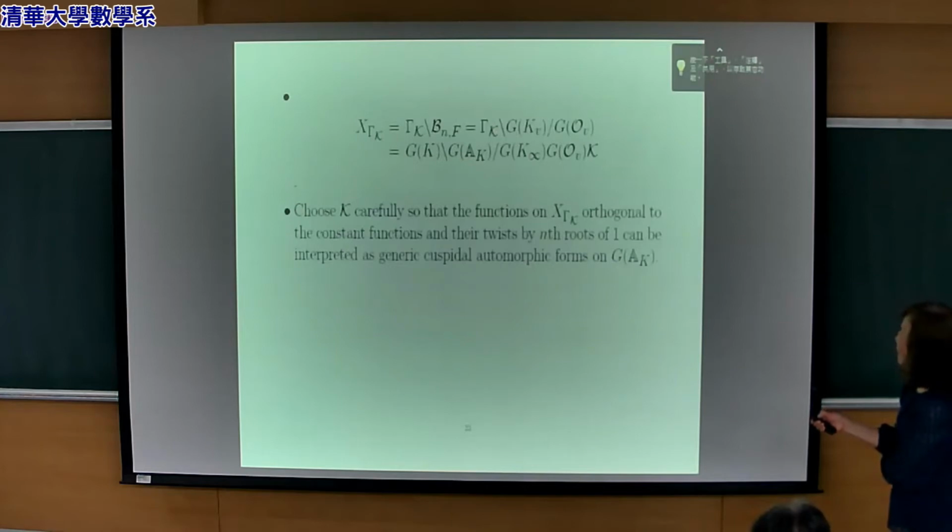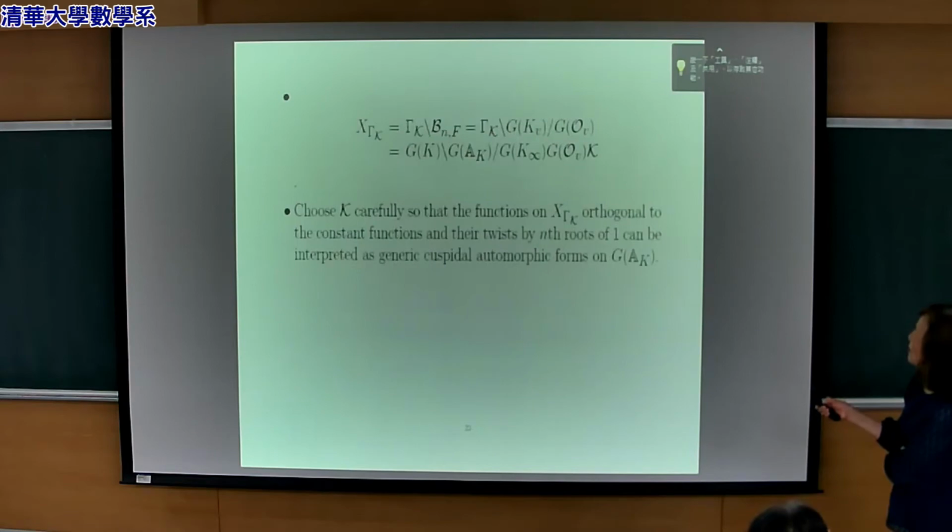And then when we take our building modded out by such a congruence subgroup, the advantage is that because of the way we choose our group, it can be viewed globally as a quotient of adelic points. So this allows us to see the functions on the vertices of the finite quotient as automorphic functions of a group.